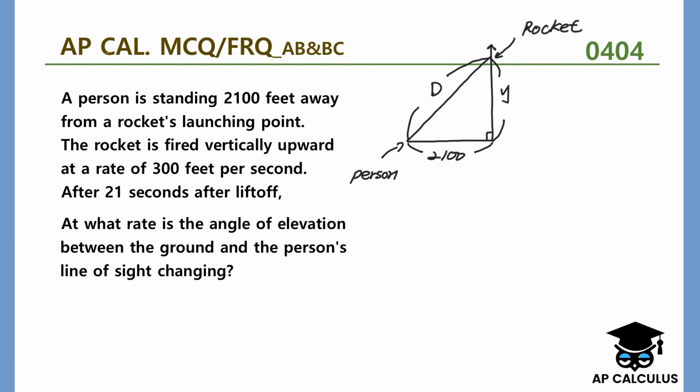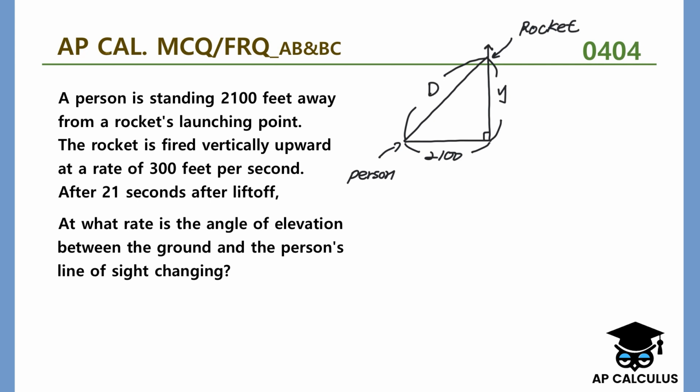Question 404. At what rate is the angle of elevation between the ground and the person's line of sight changing? The angle of elevation between the ground and the person's line of sight is this. So we're going to write angle theta here. It was also given the rocket is fired at a rate of 300 feet per second, so dy over dt is equal to 300.